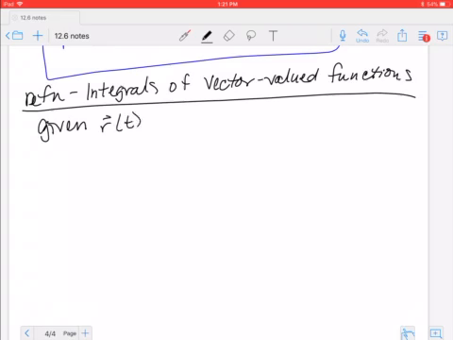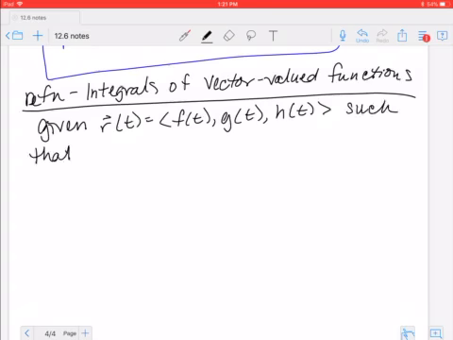Given my vector is f of t, g of t, and h of t, the old standby, right? Such that f, g, and h are integrable.